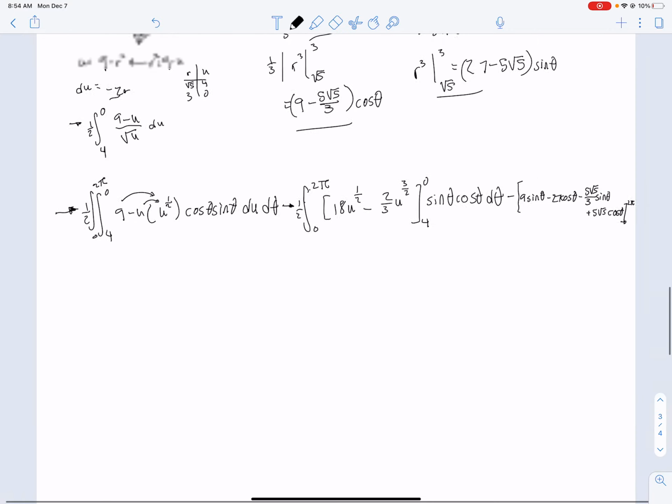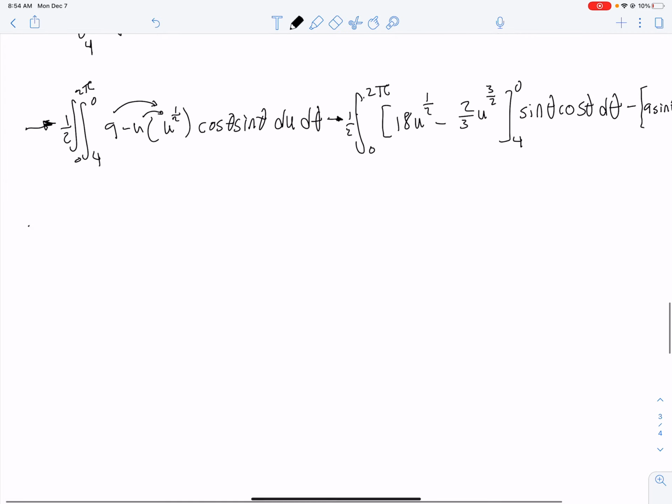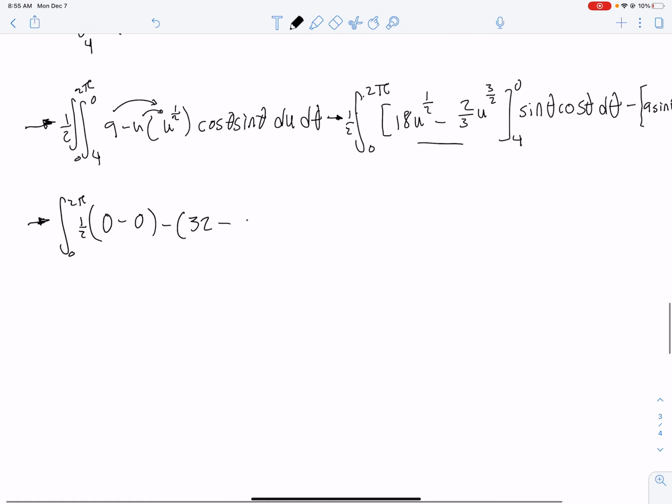So, I'll keep going. Expanding our first part, we have 0 to 2 pi, 1/2. We get 0 minus 0 minus 4 to the 1/2 is 2, 4 to the 1/2 is 2 times 18 is 32, minus 4 to the 3 over 2 is 8 times 2 is 16 over 3, 16 thirds.